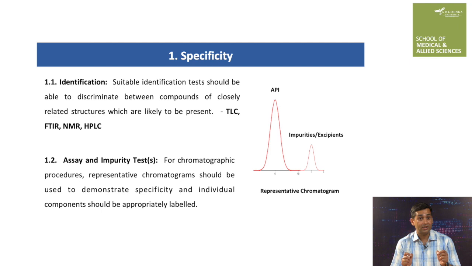Importantly, peaks in these chromatographs must be well resolved and properly labeled so that we can show to regulatory agencies that the particular analytical method used in the assay of an API can discriminate the API from impurities.